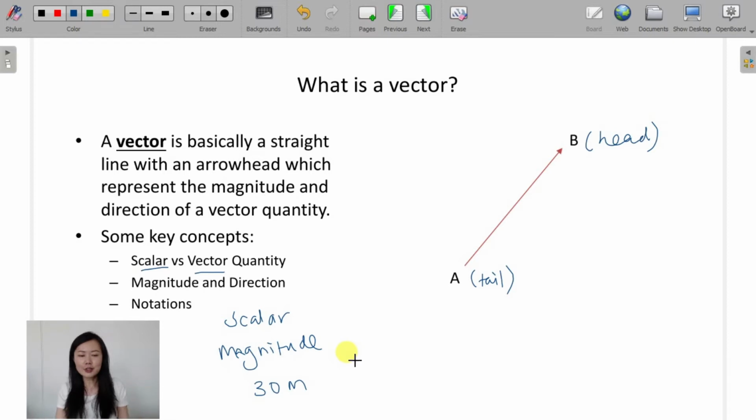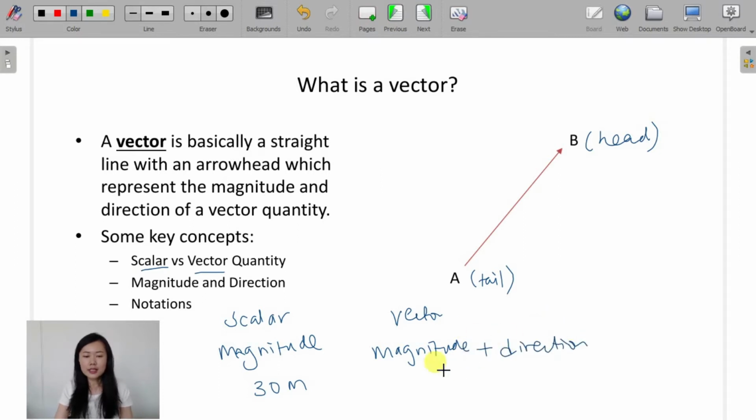So magnitude 30 meters, that's it. Whereas a vector quantity is magnitude plus direction. So an example of that would be I am currently 30 meters north of where I started.